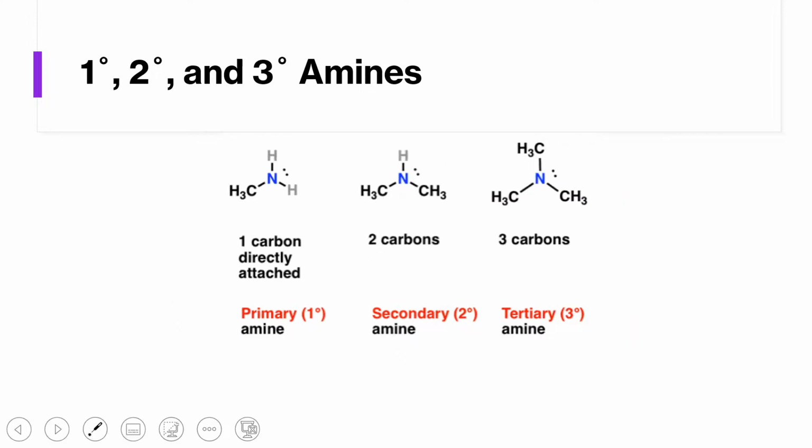There are some similarities when looking at primary, secondary, and tertiary amines. The biggest difference is we're not looking at how many carbons are bonded to the carbon attached to the functional group, but rather the number of carbons which are bonded to the nitrogen itself. If nitrogen is only bonded to 1 carbon here, then that is a primary amine, so carbon and NH2.